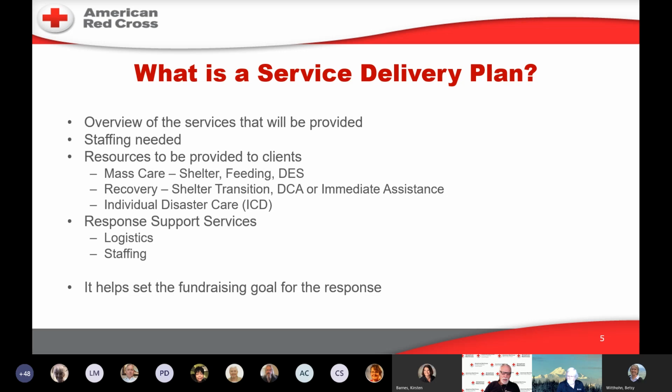So it's really important to get a budget out there and get that to the fundraisers so that they have a goal as far as how much money needs to be raised to support the given operations to keep the Red Cross in good fiscal health. So that's one of the purposes that's used for the initial planning tool and also for the service delivery plan itself.